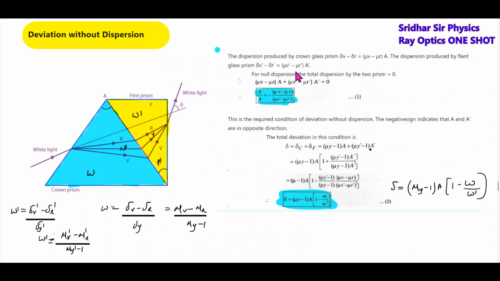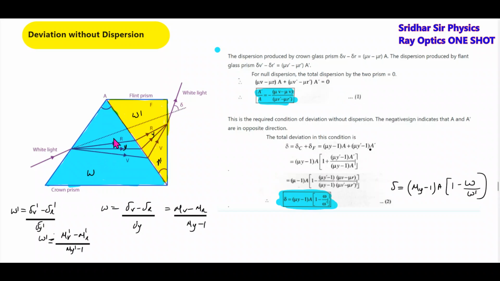So here we'll equate now. The dispersion produced by the crown glass prism is mu V minus mu R into A. By the flint glass prism it is mu V dash minus mu R dash into A dash. So the net dispersion is zero. I'll equate and get the relation between A dash and A. This is one equation. Then how to calculate the deviation?